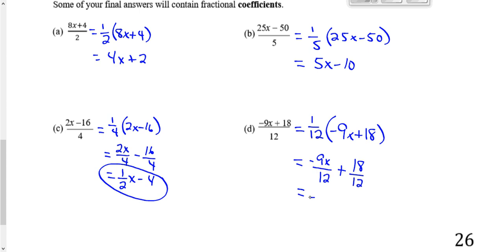What do you get? Negative 3/4 x. Over here, 18 over 12. Top and bottom get divided by, the biggest one is 6, isn't it? Over what? 3/2. You divided by 3, but you want to find the biggest one. That makes sense? Any questions on this, guys?